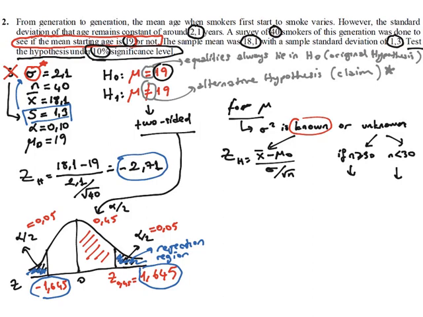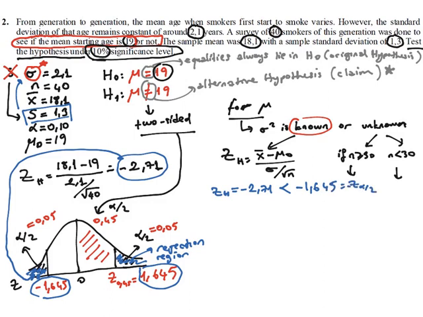It is minus 2.71, and we can see that this value falls into this area, which means it falls into the rejection region. So let me write this. ZH is equal to minus 2.71, which is smaller than minus 1.645, which is Z alpha over 2 actually.